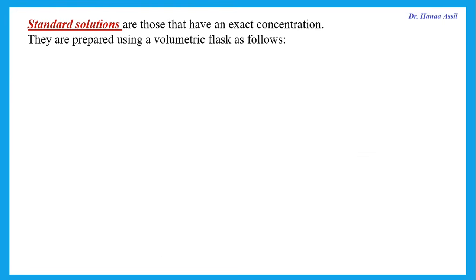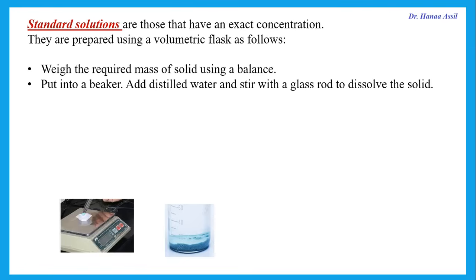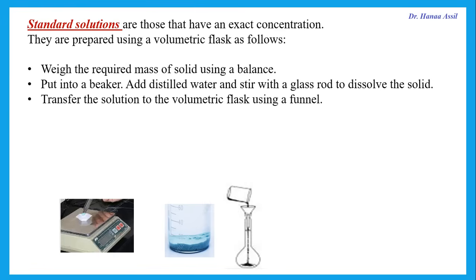How do we prepare standard solutions? Standard solutions are solutions that have an exact concentration, and we usually need to do that in order to use them for titrations. So how do we prepare a standard solution? Well, first we weigh a certain mass of the solid using a balance, and then put it into a beaker, add distilled water, stir with a glass rod to dissolve the solid, and then transfer the solution to the volumetric flask using a funnel.